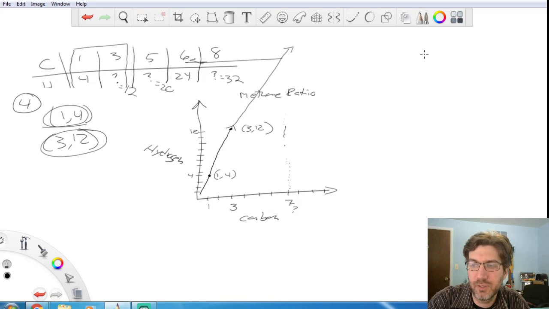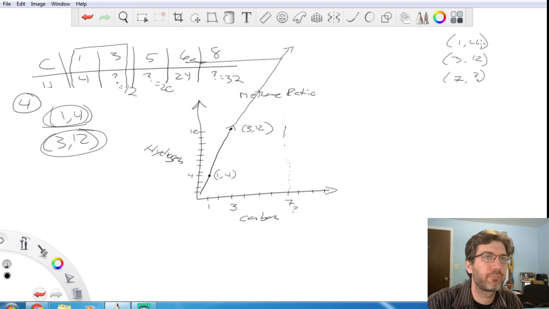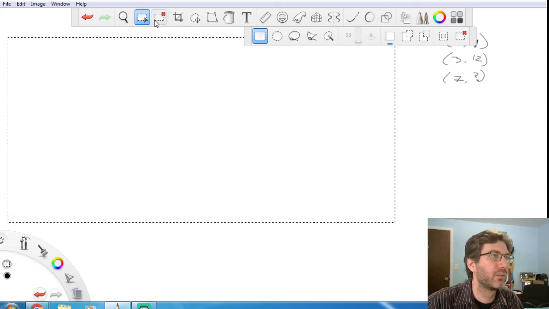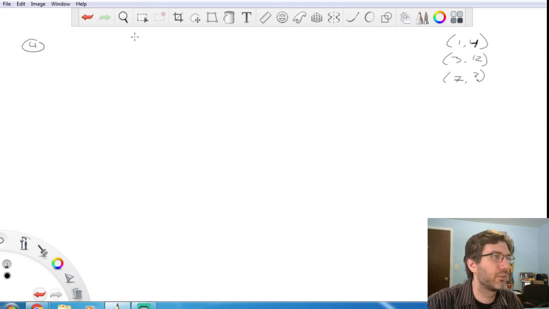I don't know what you mean by do the thing with the line. Let's see if I can make my graph a little better for us. These are the points we're concerned with. That's a 4. So again, let's do 4 here.